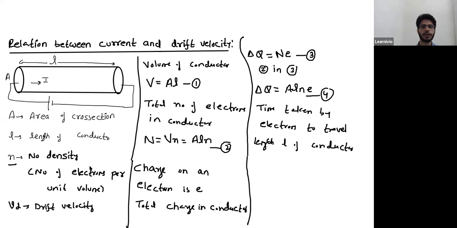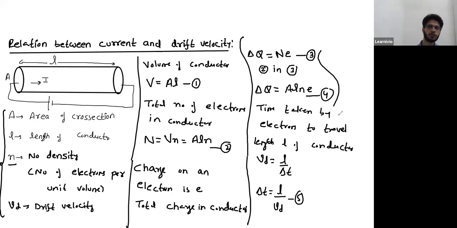In terms of these parameters. Okay, Fatma, will you try? Distance by time. Drift velocity is length by time. So time will be length divided by drift velocity. This is equation number 5.